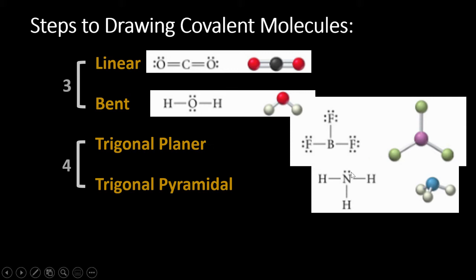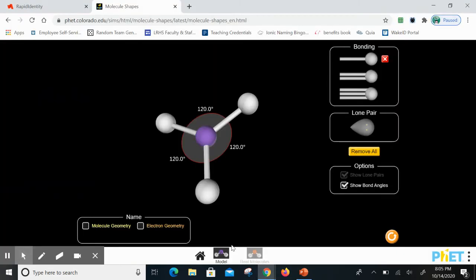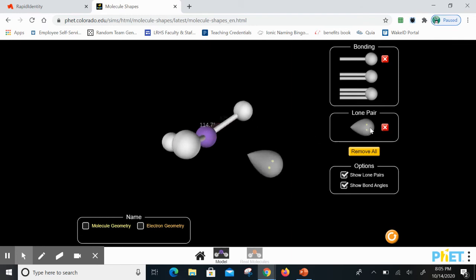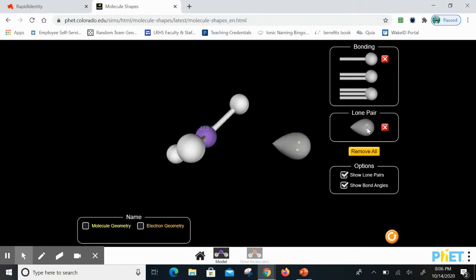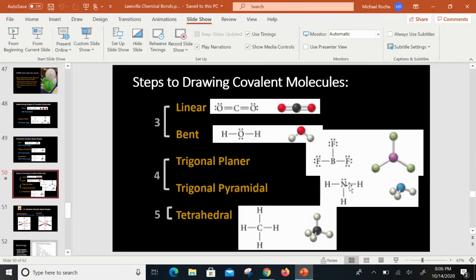And if you put that lone pair in there, it'll need space. So that's what I was just playing with here. Okay, so here's your no lone pair, trigonal planar, and then you put a lone pair in. It needs space. It makes more of a pyramid. Take it out, goes back to a plane, put it in, goes back to a pyramid. So the lone pair will push things into a pyramid shape. No lone pair, it'll stay planar.